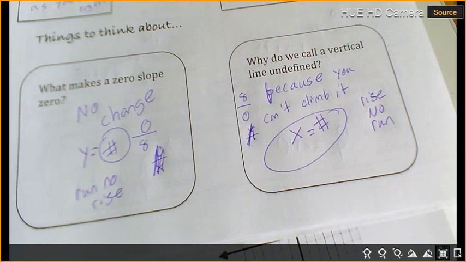Steps for finding the y-intercept. Since your y-intercept is the point where the graph crosses the y-axis, find the intersection. If the point is above the origin, the y-intercept is a positive number for how many coordinates you count up. If the point is below the origin, the y-intercept is a negative number for how many coordinates you count down. Then we're going to look at this example.